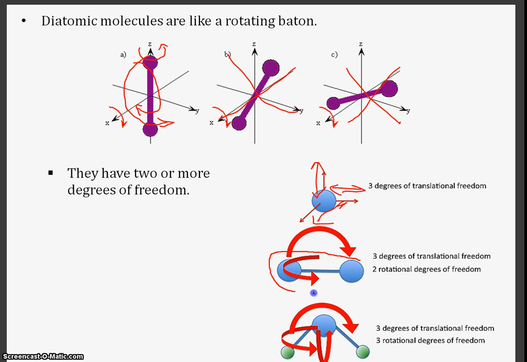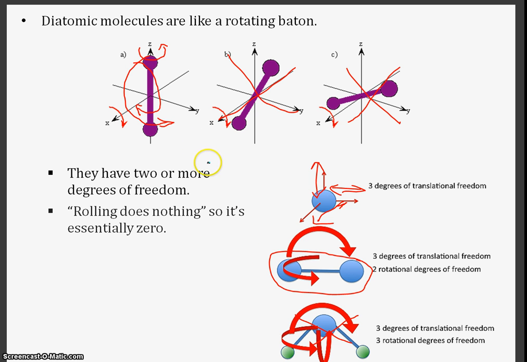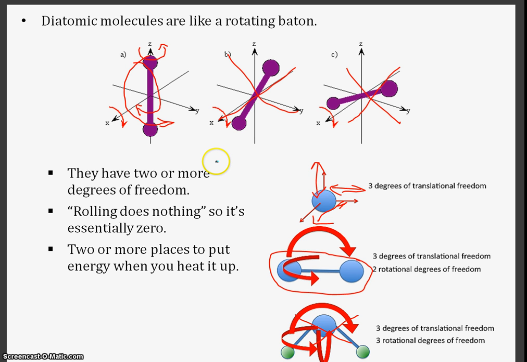So here is your nice diatomic molecule. Rolling does nothing, so it's essentially 0, and you have 2 more places to put the energy when you heat it up.